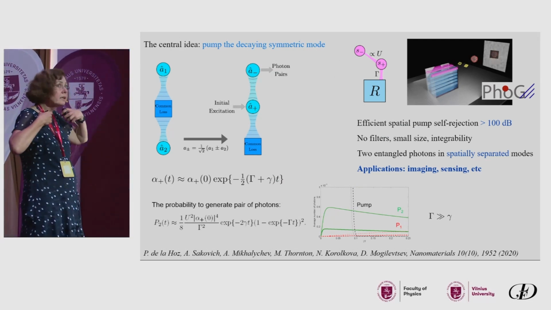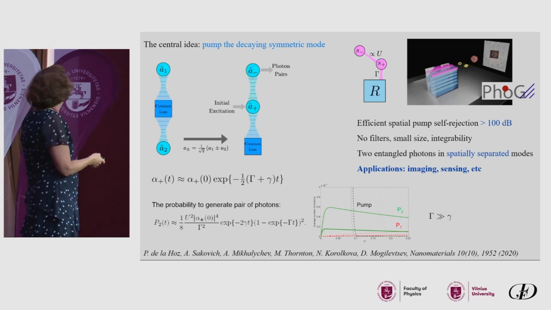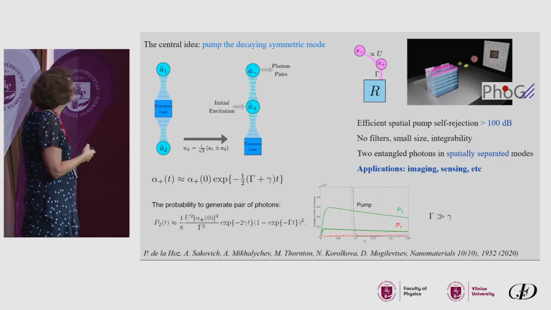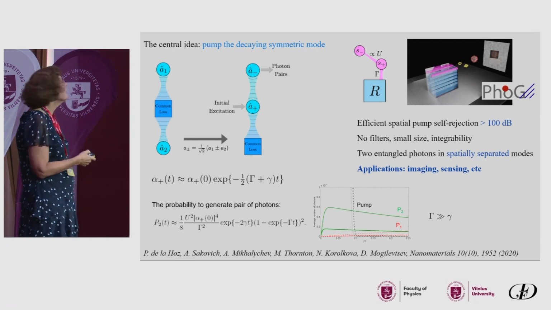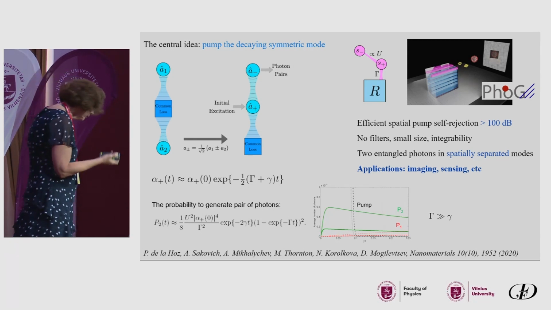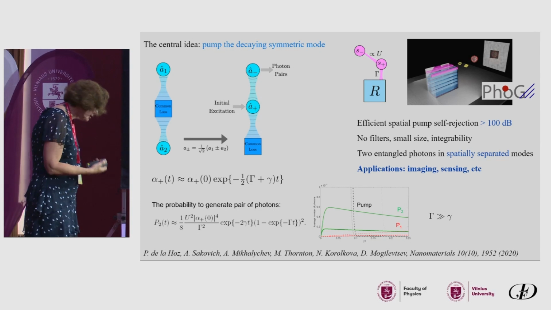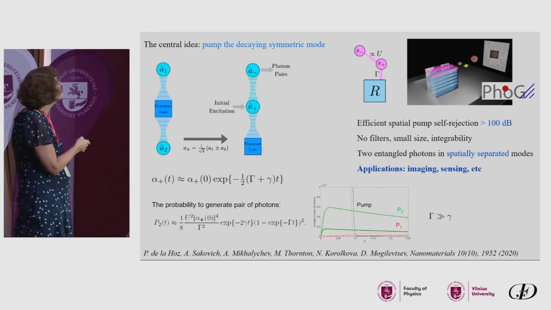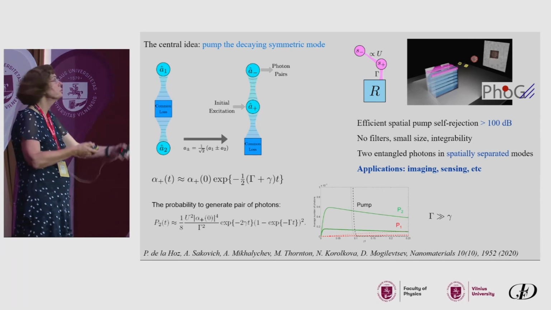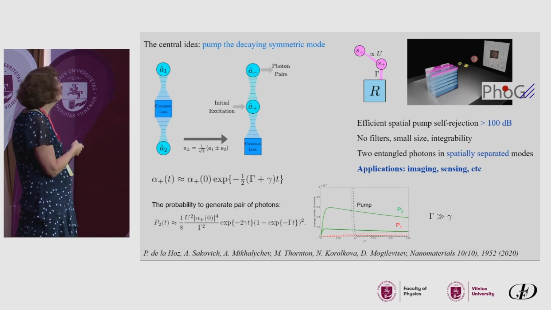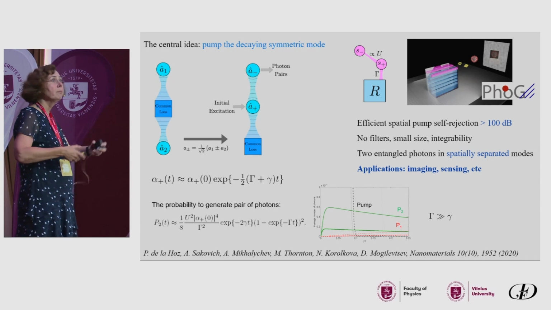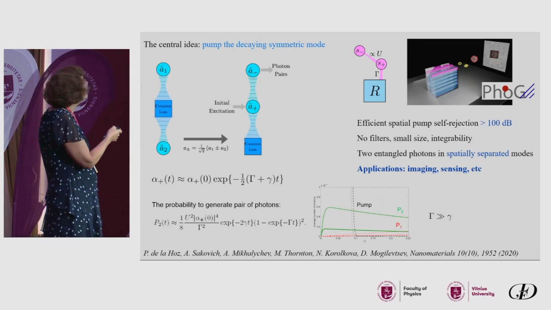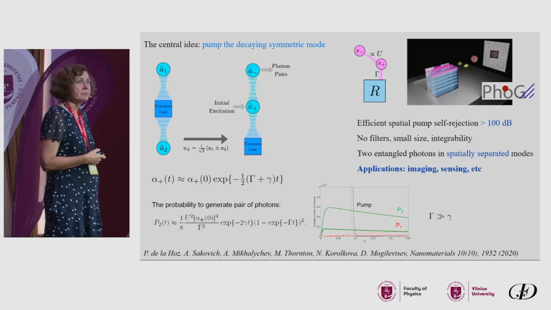Again, you just have coherent light, low-level coherent light, but because you have the symmetric mode decaying and the antisymmetric mode preserved, if you pump your symmetric mode to generate photon pairs, this pump will basically be naturally decaying, and your photon pairs are generated in an antisymmetric mode.